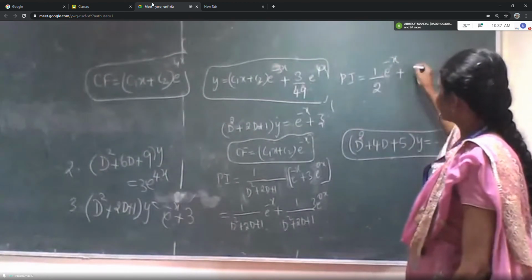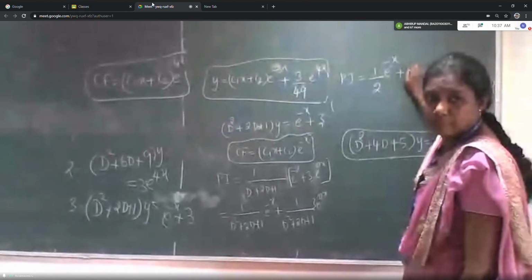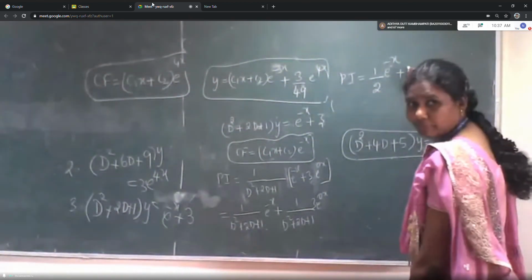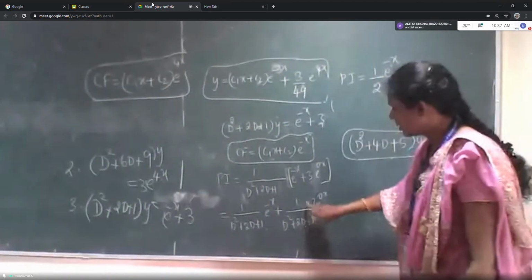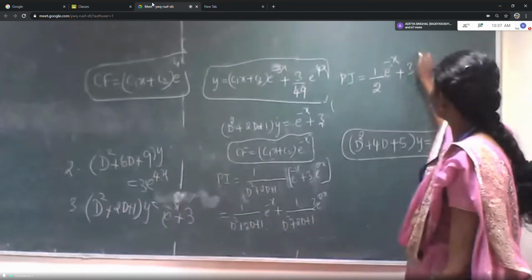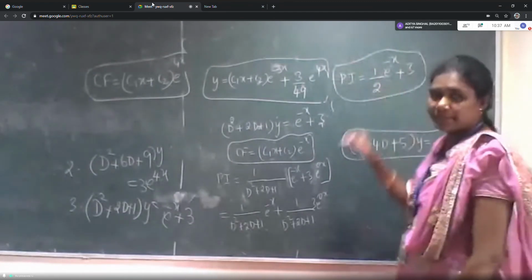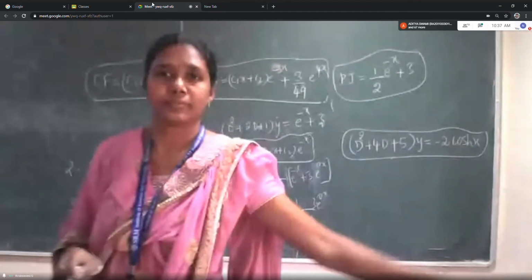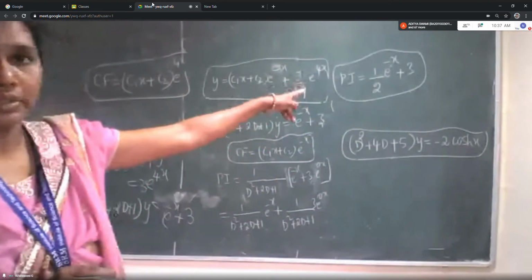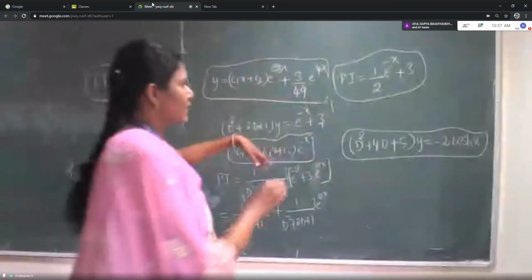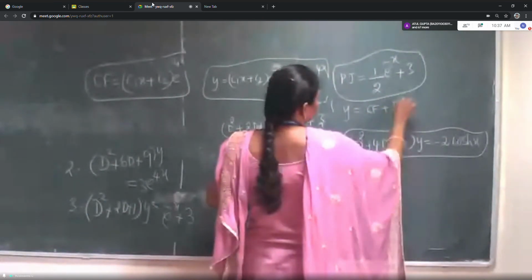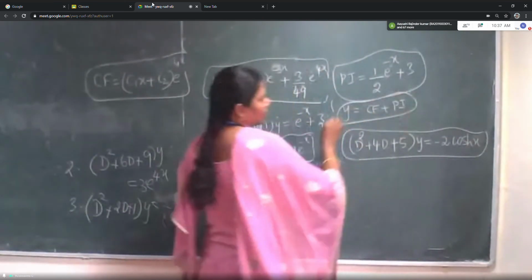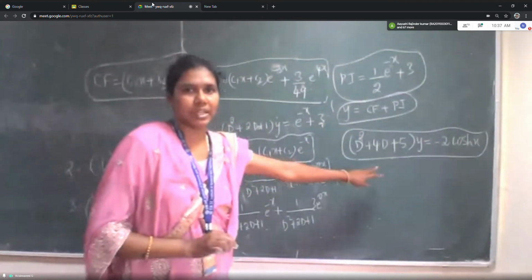Ma'am, plus only 3 because D is 0, this becomes 1 by 1, that is 3. Everybody got the same answer, guys? Check with your answer. Yes, ma'am. Finally write y equal to CF plus PI. This is your next problem.